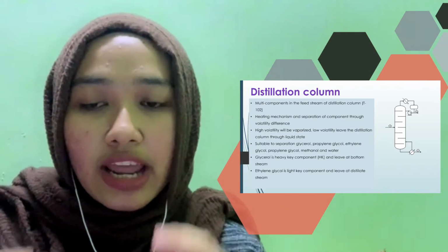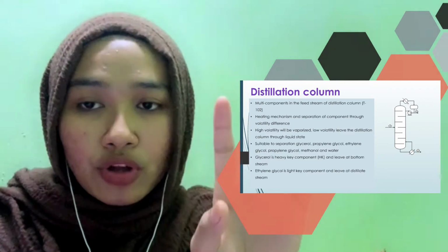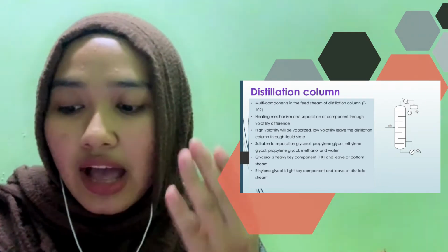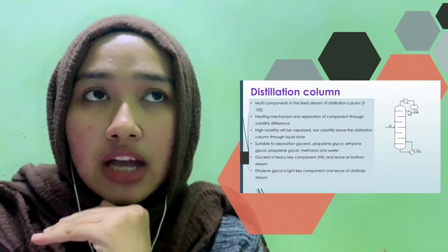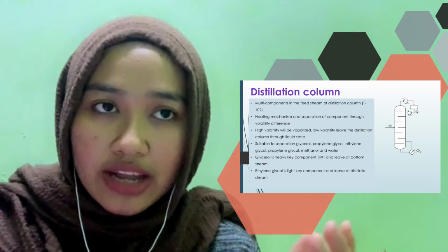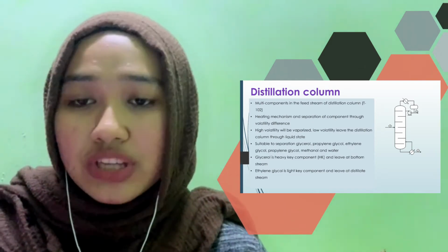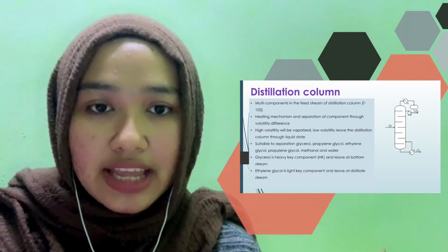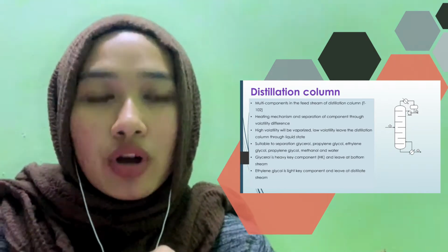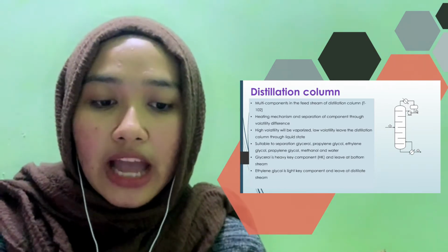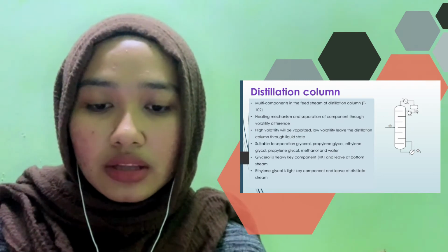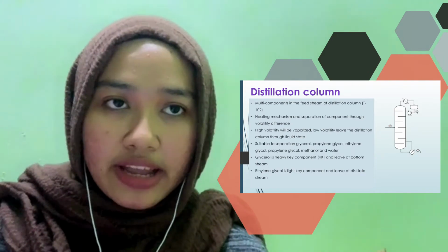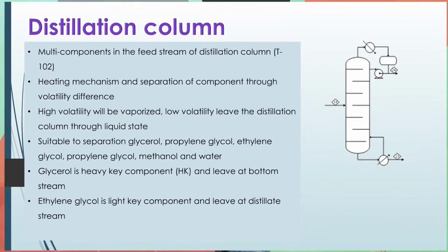So that's why they will be distilled at the top as gas, and the bottom will be the unreacted glycerol, as its boiling point is 290 Celsius, which is higher than the column temperature, so it will not vaporize. It will stay in the liquid state and be distilled at the bottom. That is how we separate the unreacted glycerol from the other substances, ethylene glycol and propylene glycol, at distillation column number 2.